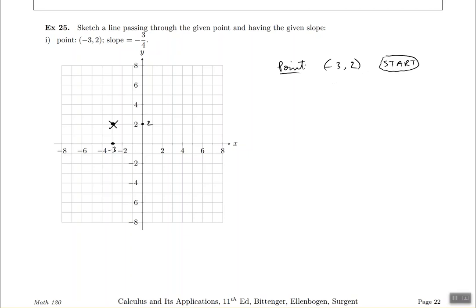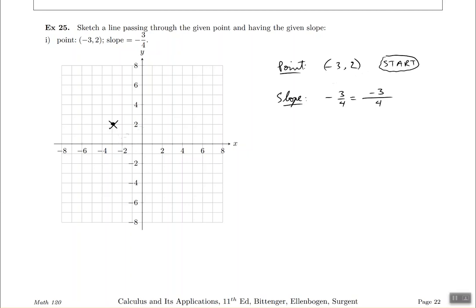So once I figure out where the start point is, what I have to do next is look at the slope. And in this case, the slope is -3 divided by 4. First challenge is to determine where you want your negative sign to be. It's not convenient to have it in front of the fraction. So sometimes it's more convenient to have the negative together with the numerator. Sometimes it's better to have it on the denominator.